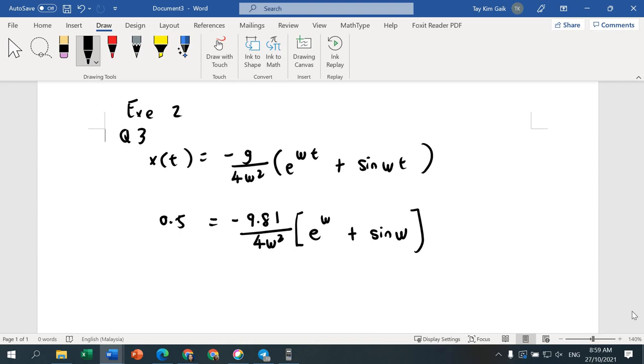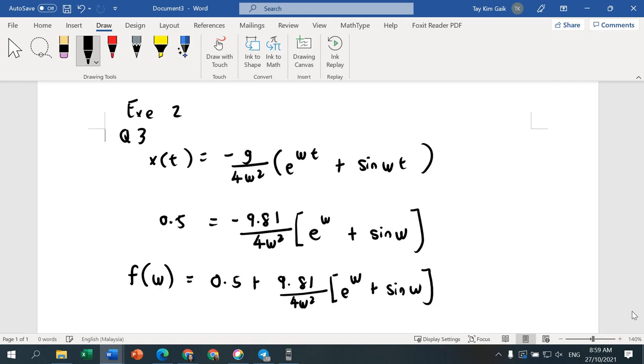If you want to make it a nonlinear function, f is a function of omega. So I will straight away collect to the same side: 0.5 plus 9.81 divided by 4 omega squared times exponent omega plus sin omega.